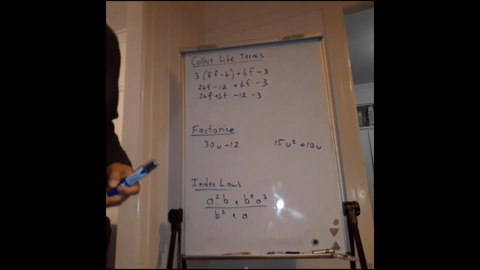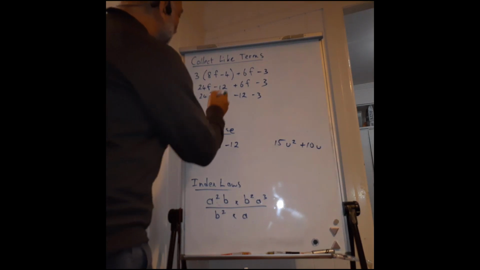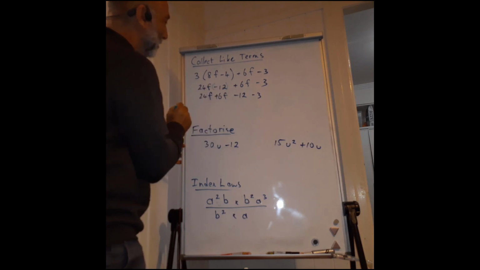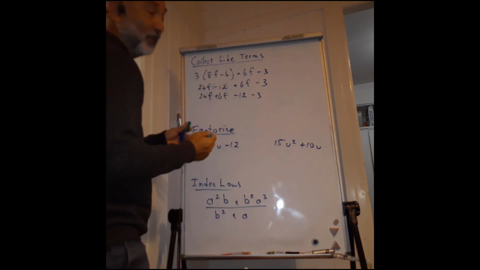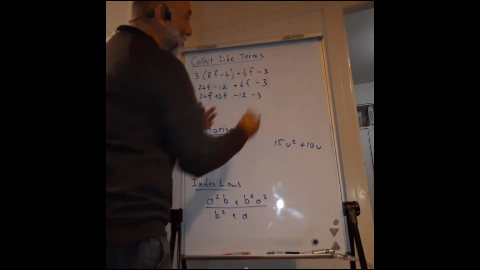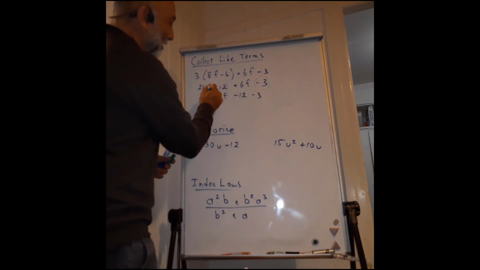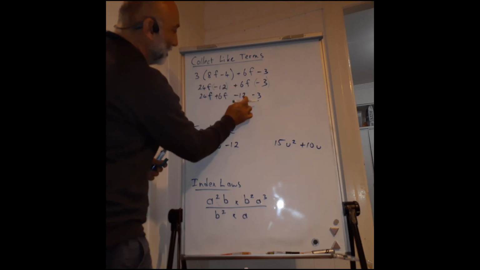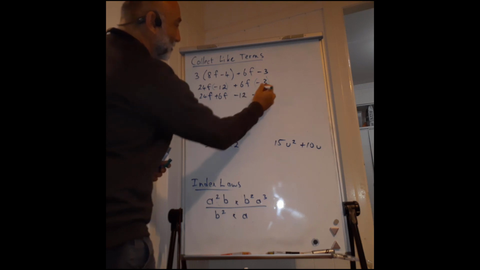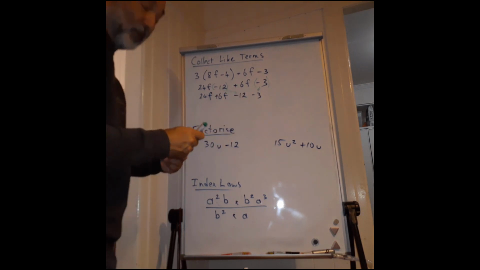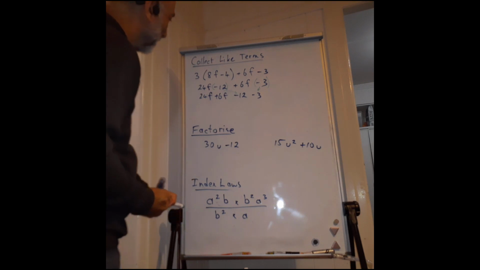It's worth sometimes thinking about this as a term with a minus sign, and this is also a term with a minus sign. So that allows you to move the 12 and the minus sign together. The same over here. So we keep everything organized, and then we are less likely to make a mistake.